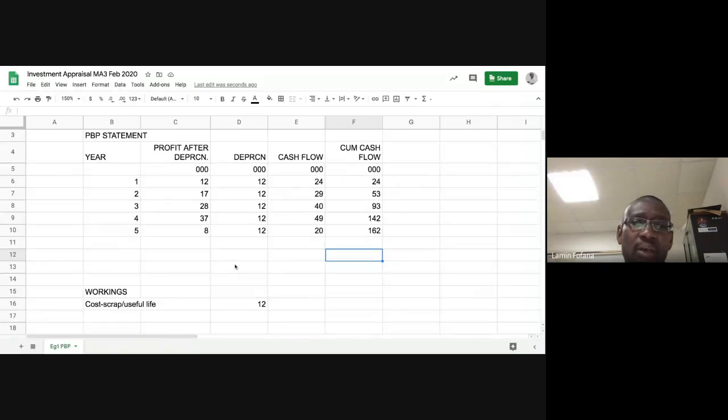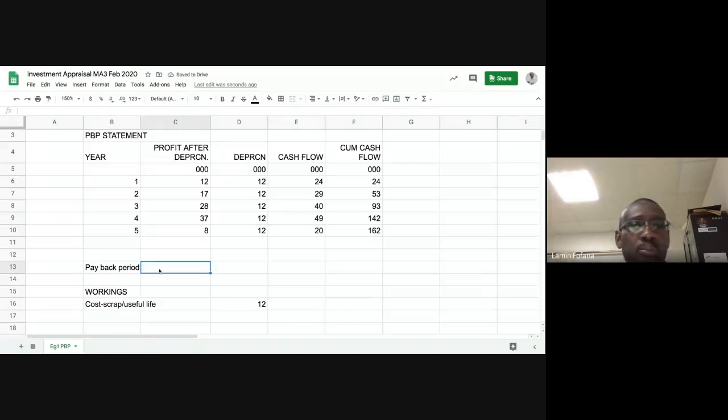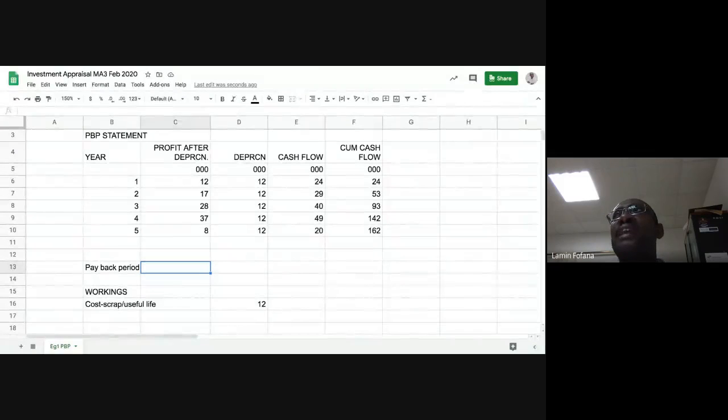Now it will be easy for us to calculate our payback period. So what is our payback period? We know our payback period is the number of years and months it takes for us to recoup our initial outlay.